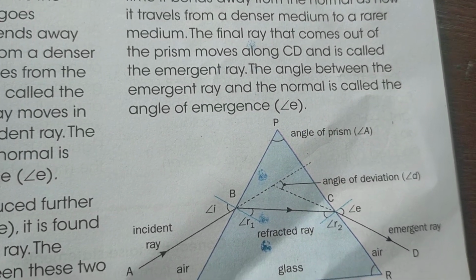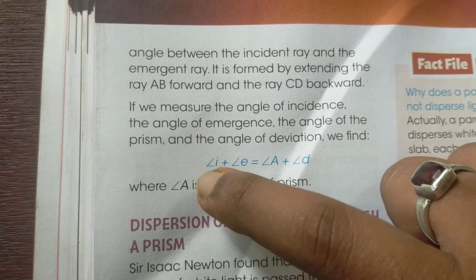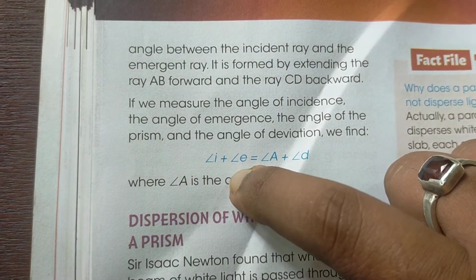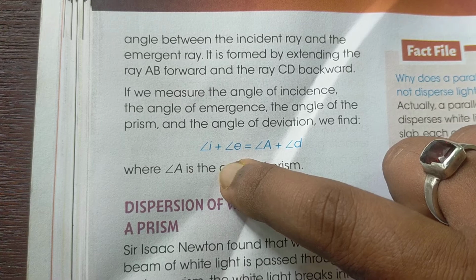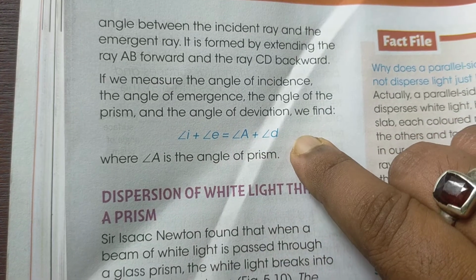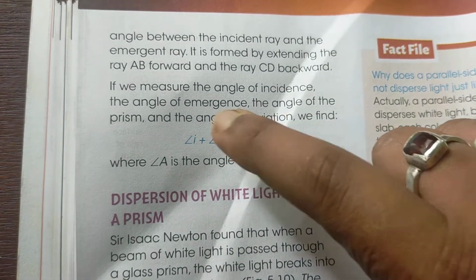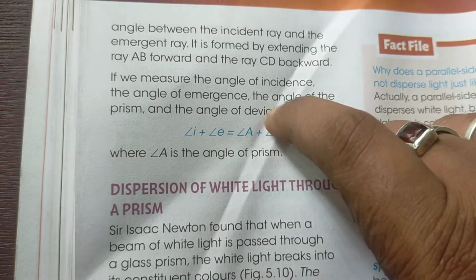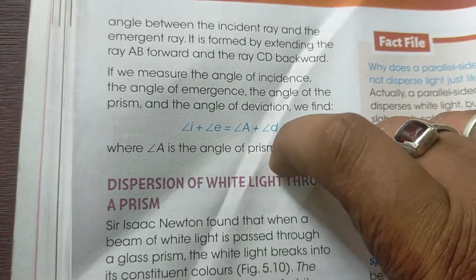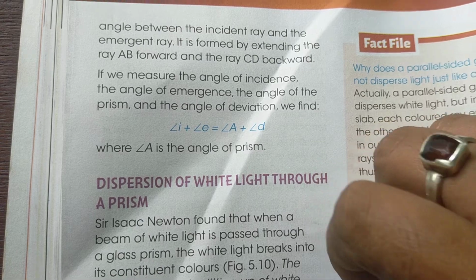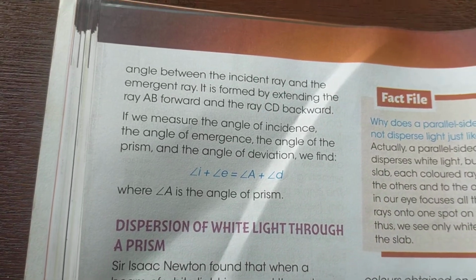Right, after that you need to write this formula: angle i plus angle e, angle of incidence plus angle of emergence equals angle of prism plus angle of deviation. Okay, if these two angles and these two angles, when added experimentally, are equal, then only we say that refraction through a glass prism is successful.